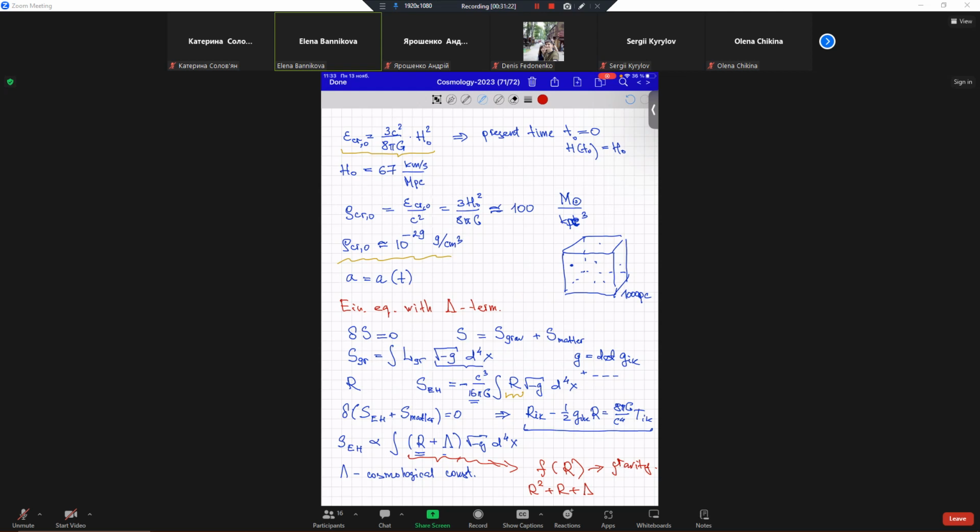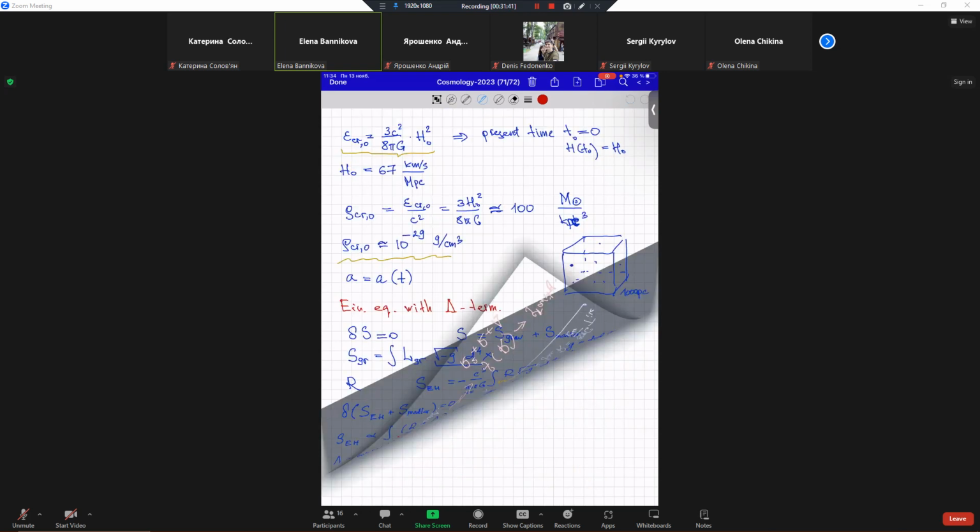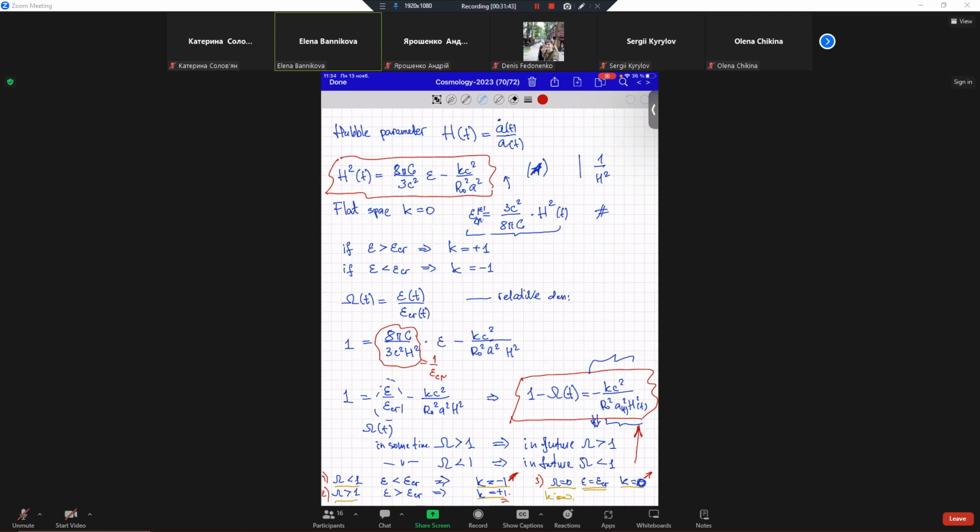So, okay, now I will come back, and soon we will see how this lambda term is considered to describe the evolution of the universe. Now I want to come back to the Friedmann-Lemaitre equation, to discuss how we can solve it and finally to solve it.